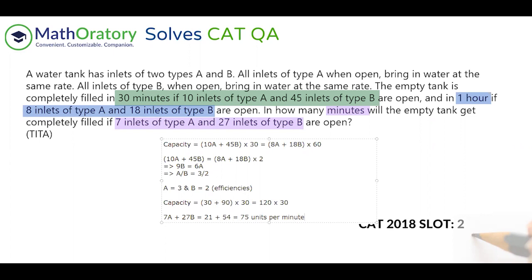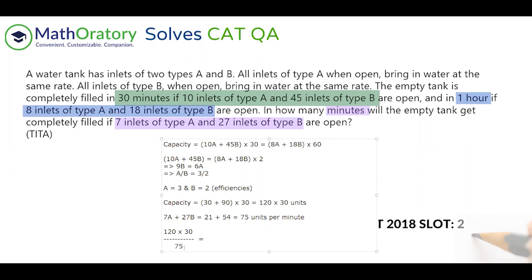We have the capacity as 120 into 30, which is also the total units, and the total efficiency contributed is 75 units per minute. All we have to do is divide 120 into 30 by 75. Now, I hope you can see that 75 is 15 into 5.